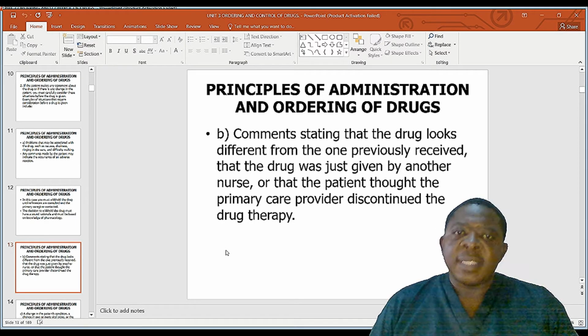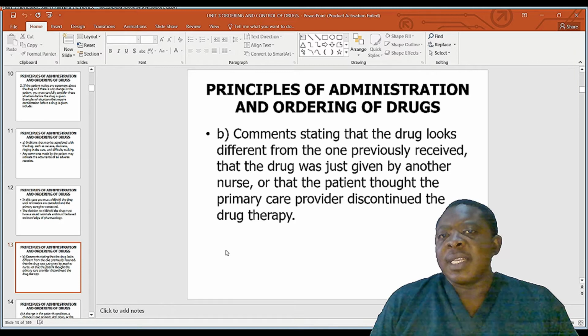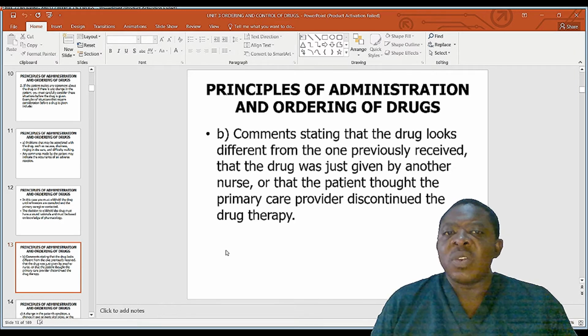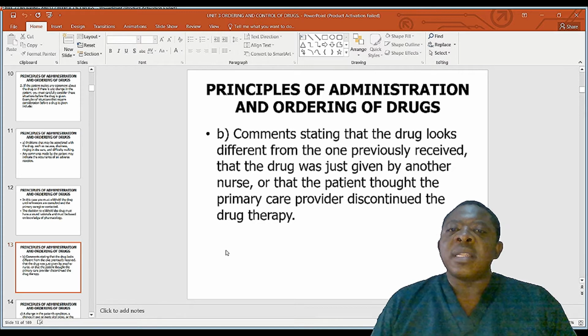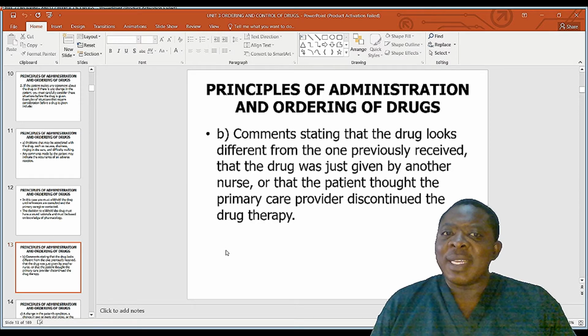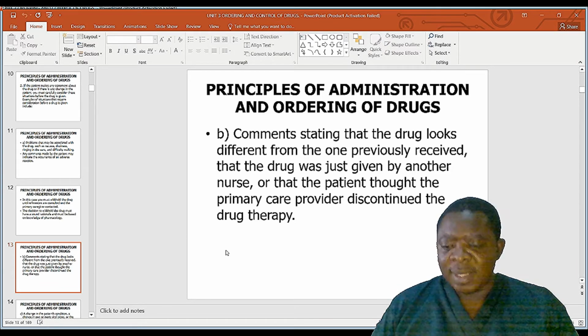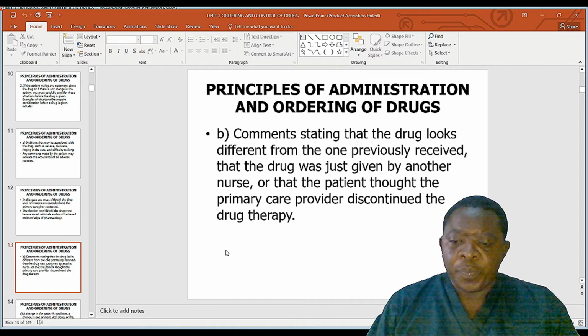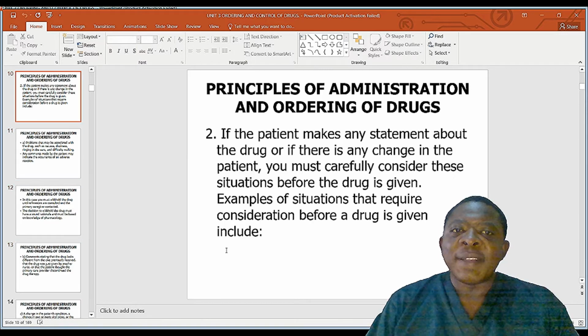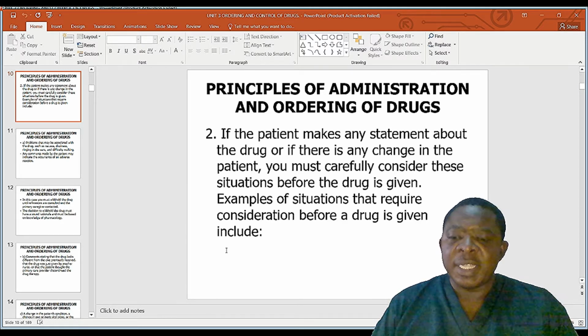Then the second reason can be a comment stating that the drug looks different from the one previously received, that the drug was just given by the other nurse, or that the patient thought the primary care provider discontinued the drug therapy. So we are looking at, if the patient makes any statement about the drug, or if there is any change in the patient, you must carefully consider these things.